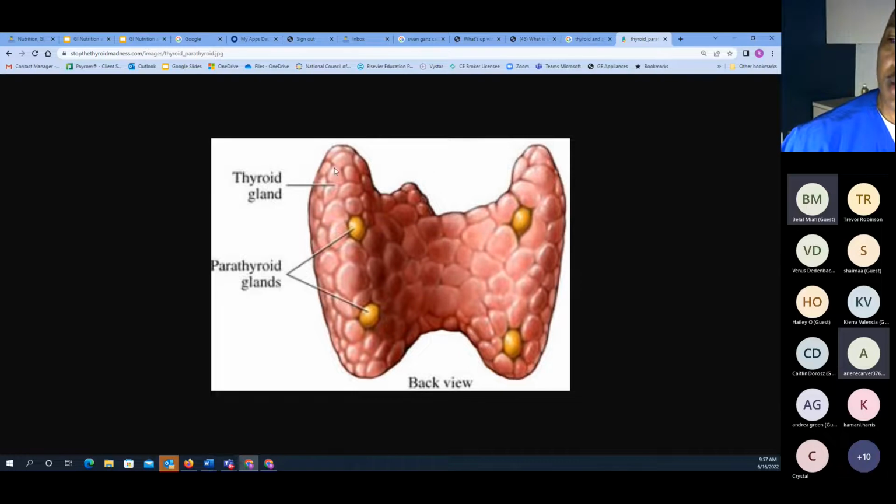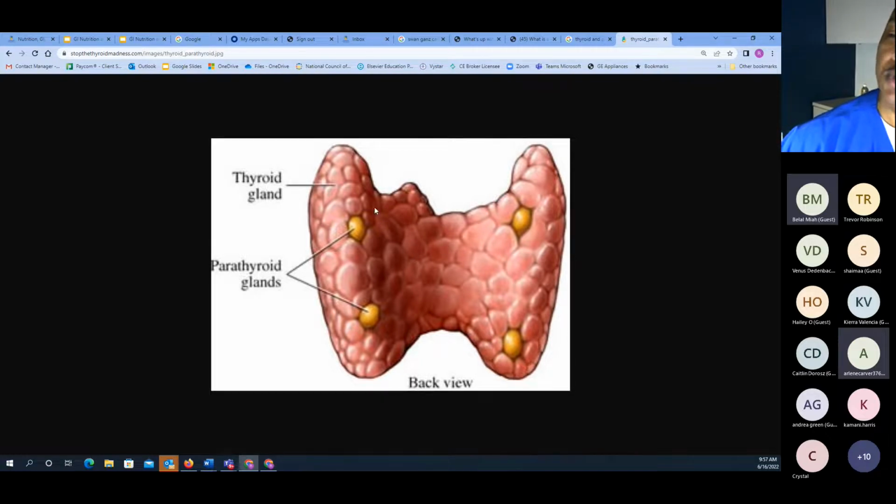So this is actually the back of the thyroid gland, right? You can see the back view here. Think about this: you know how at some of these theme parks you put your head through a hole? Put the anterior portion of your neck right up against this thyroid gland.